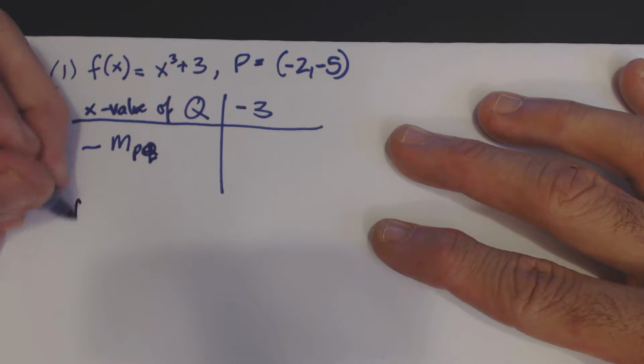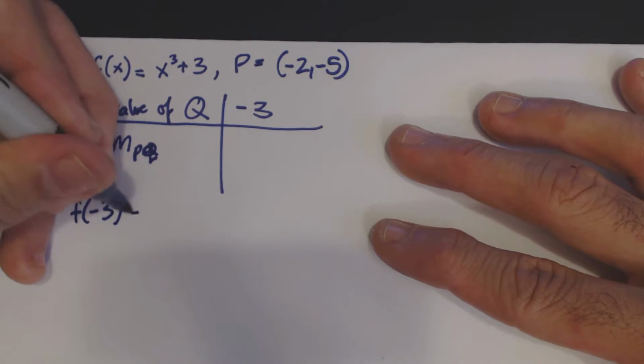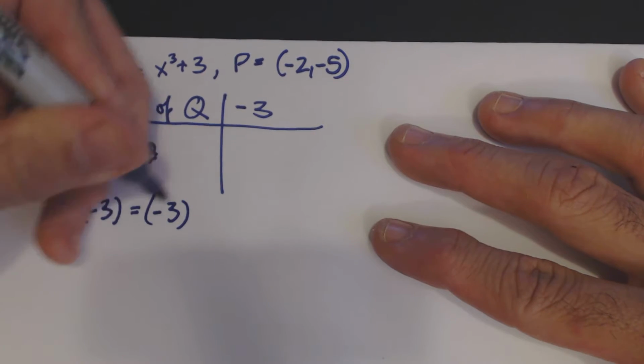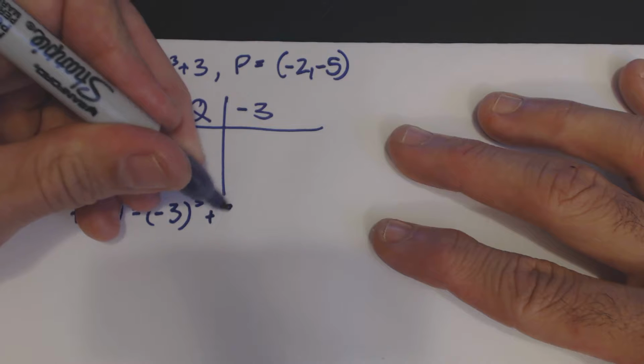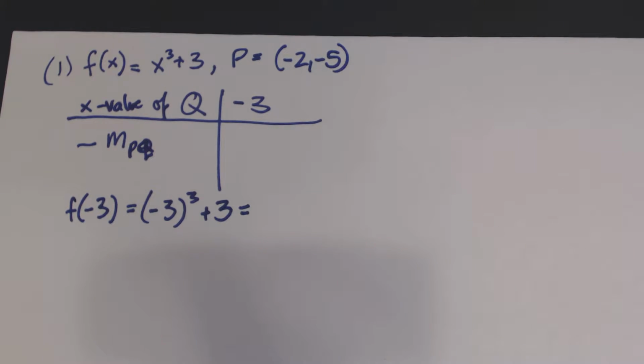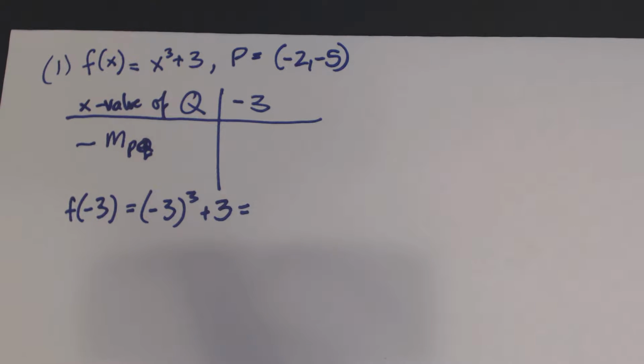So f of -3 equals -3 cubed plus 3. -3 raised to the power of 3 is -27, plus 3, which equals -24.